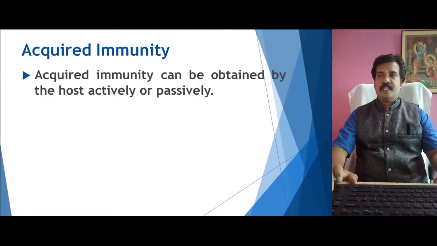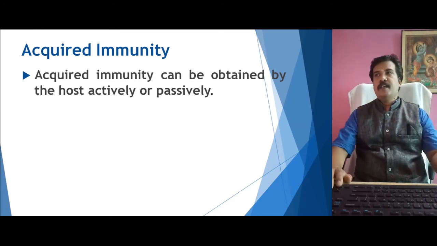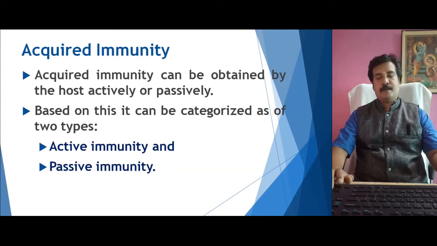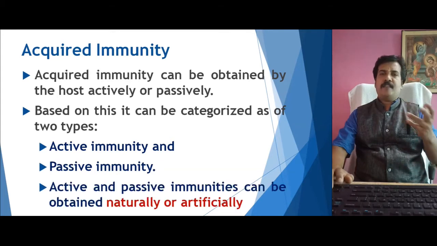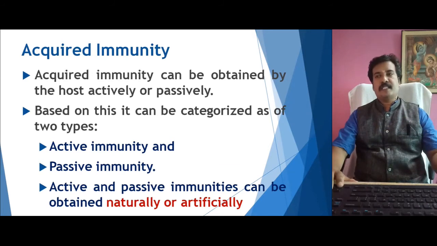So if you see the acquired immunity, that is how our body develops these antibodies, or whether we need the antibodies from outside. So we can classify this into two major types, that is called active immunity, and the second is passive immunity. Both this active and passive immunity can be further classified based upon whether it is occurring naturally or it should be artificially induced.